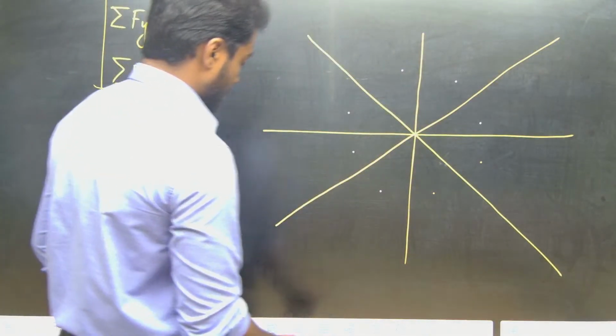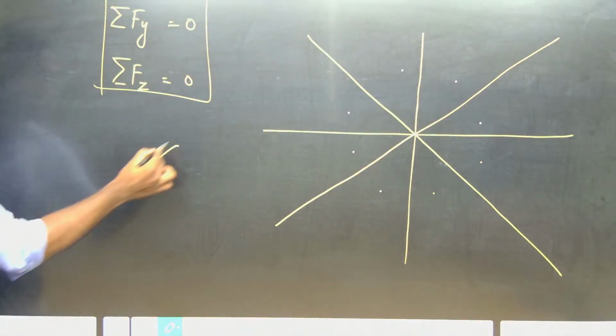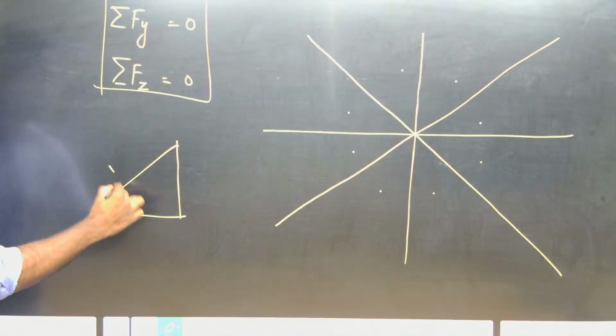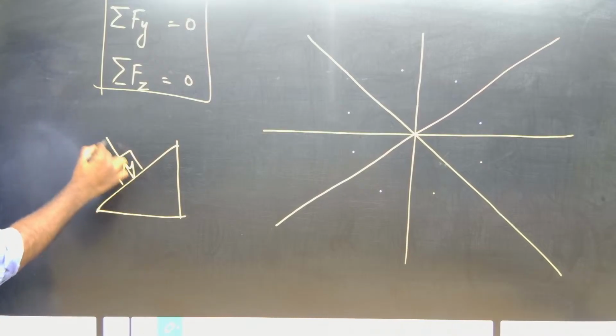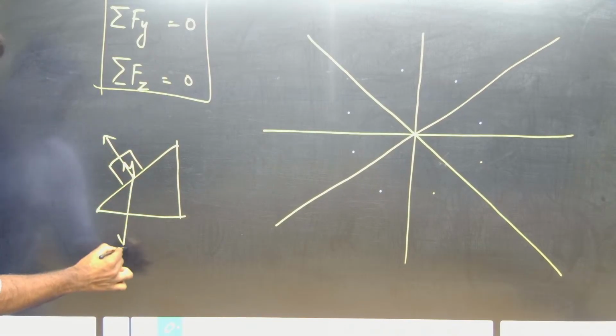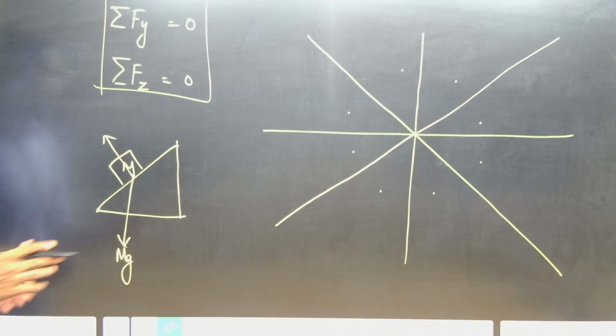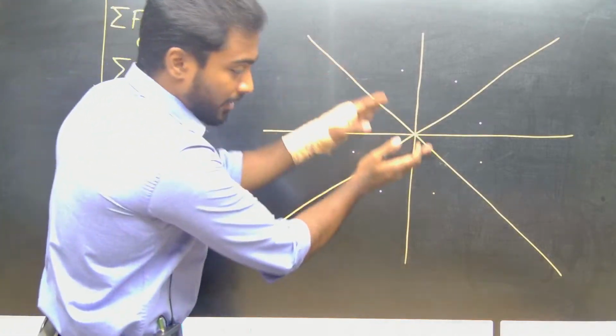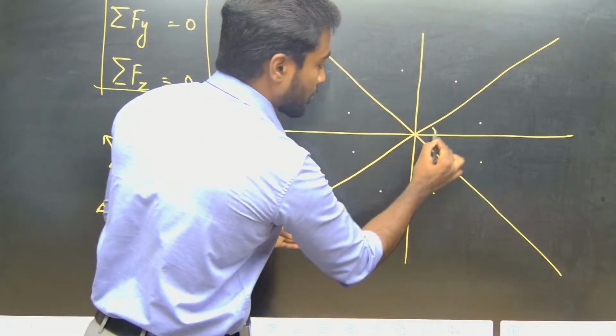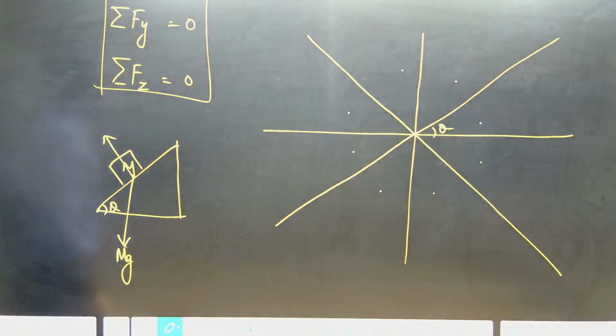Suppose this is my diagram and this is my m, this is my normal force, and this one is my weight mg. I will take this as it is. If I keep it anywhere, I can place it here, no? So this is my theta, this is my theta.